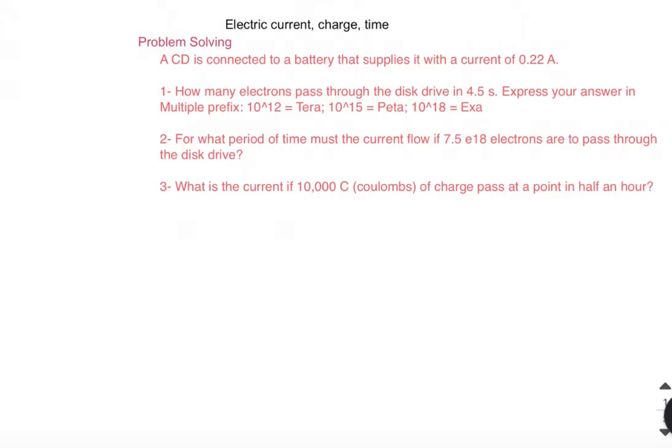And we are asked to express the number of electrons. Since the data gives us that the electric current is 0.22 amps, I'm going to use that. But you have noticed that Q is not given, and we are solving for the number of electrons.